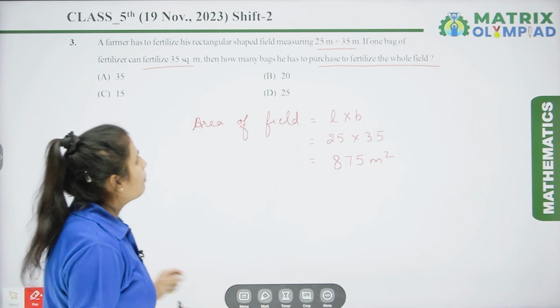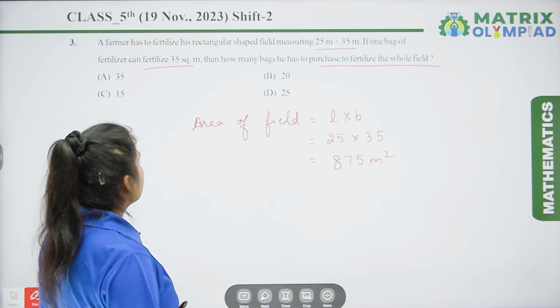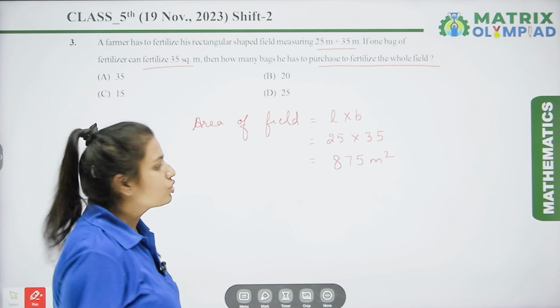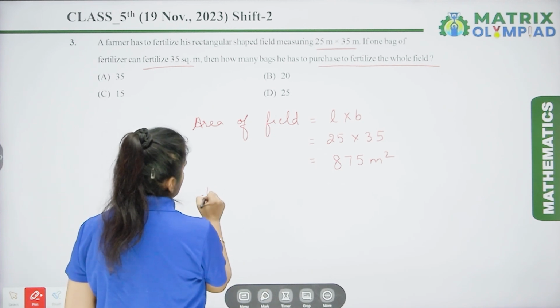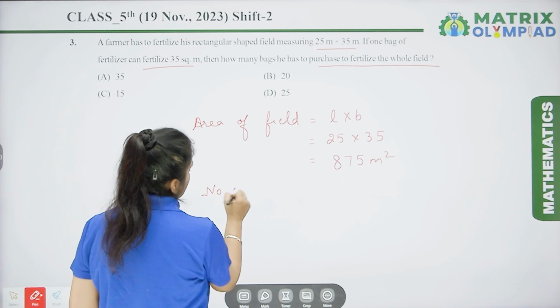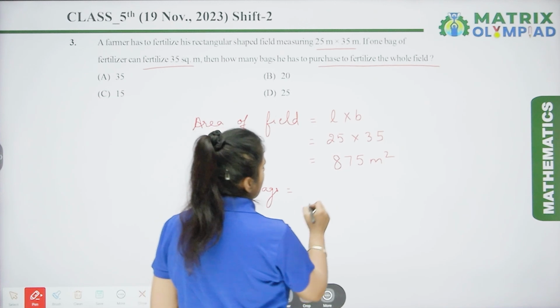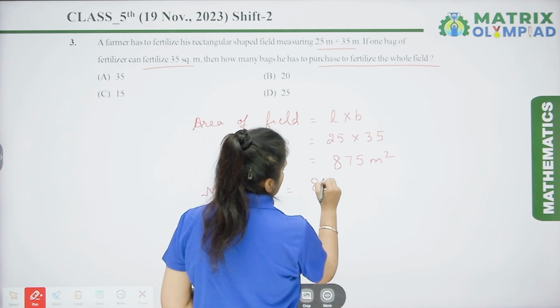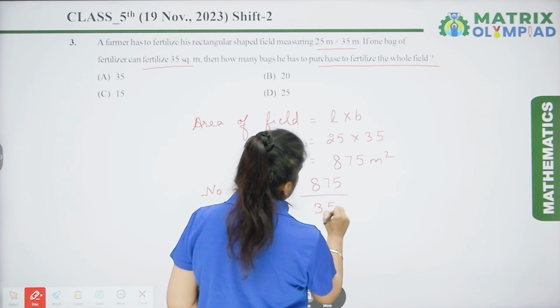Now one bag of a fertilizer can fertilize 35 square meter. So here what we are going to do, we are going to find out number of bags required. So number of bags is equal to 875 upon 35.